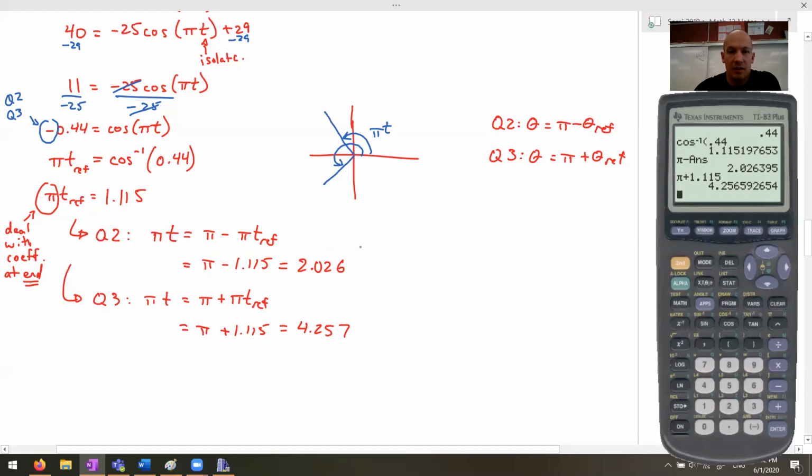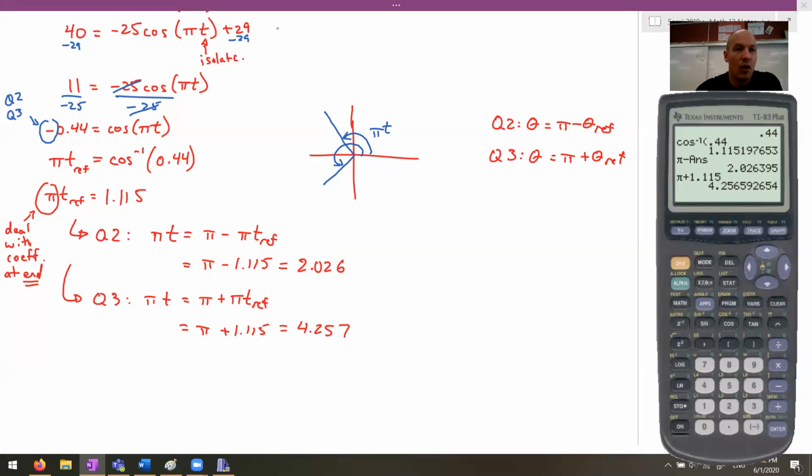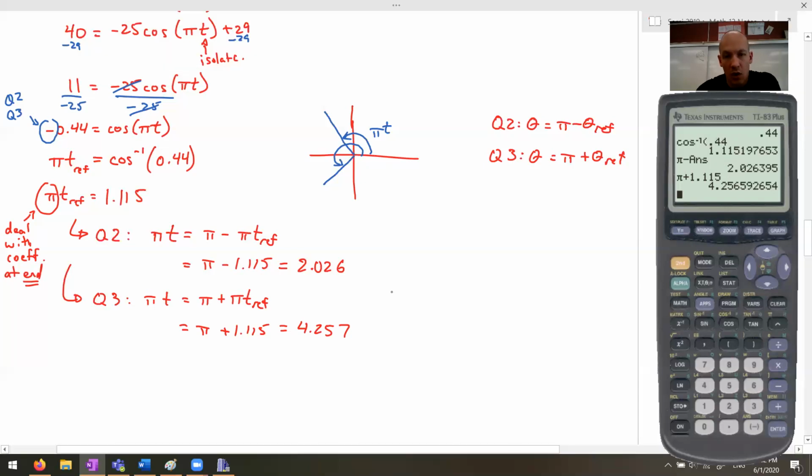Now keep in mind that with these angles, you can always add 2 pi k, where k is an integer. And same with this one, you can always add 2 pi k, where k is an integer. So when we're solving this equation, this actually turns into, what are the possible angles? Pi t equals 2.026, but you could also add 2 pi to that.